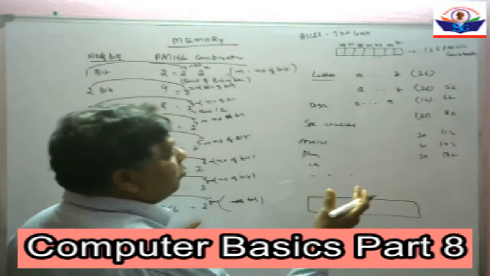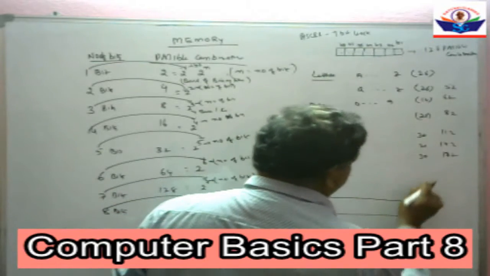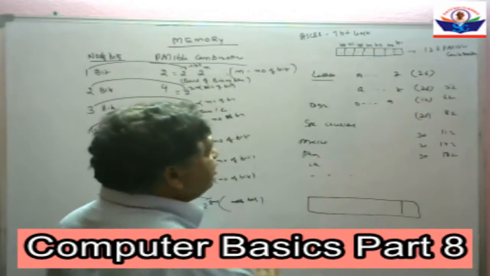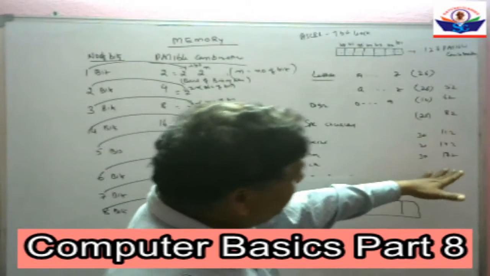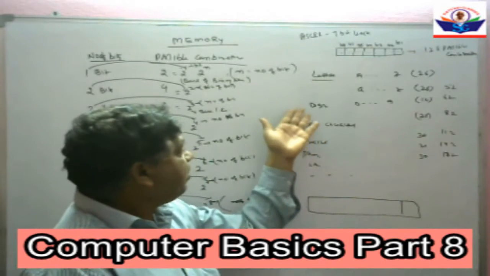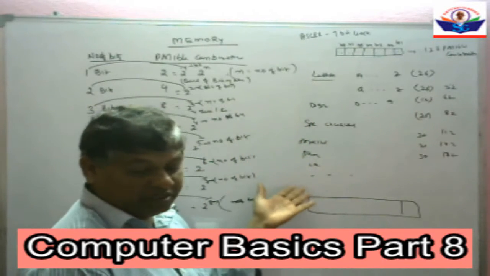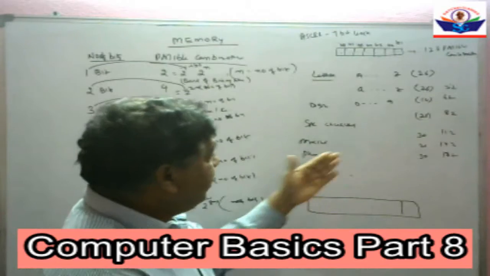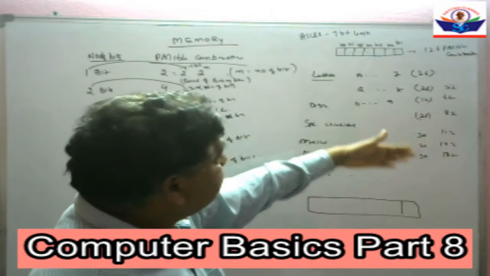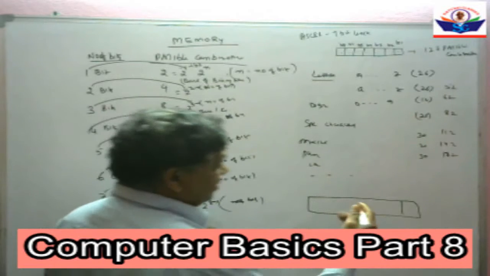That is the reason the ASCII code is changed to 8 bit, because 128 possible combinations cannot suit all these: letters, digits, special characters, mathematical symbols, physics symbols, chemistry symbols, and so on. It has more values. So we'll take ASCII code 8 as the latest one.